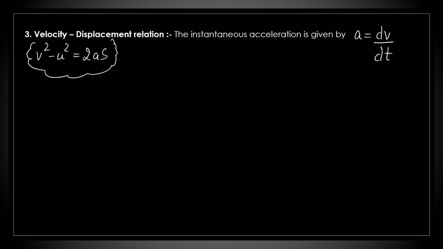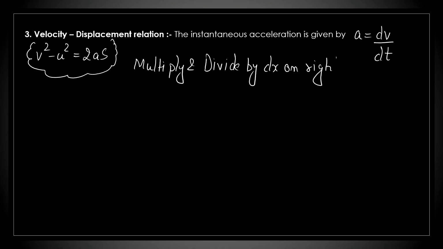Then in above equation, multiply and divide by dx on right side, then a equal to dv upon dt into dx upon dx.